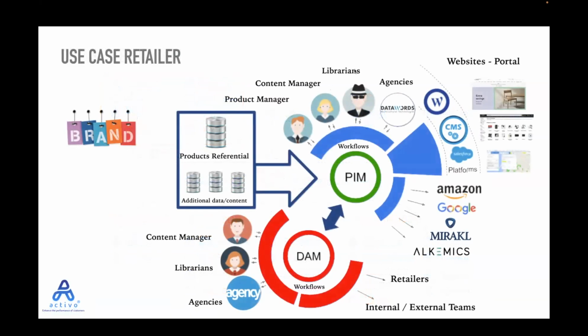And so this one is an example. I wasn't able to display the name of a customer, but it's two customers we have. They have two different systems, a DAM and a PIM. They have to manage a lot of collaboration between agencies.